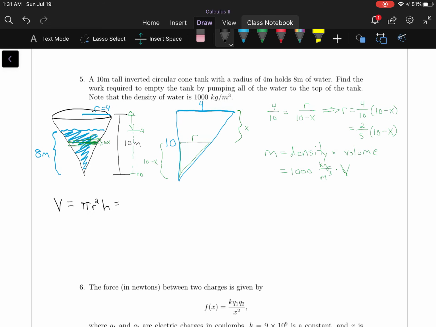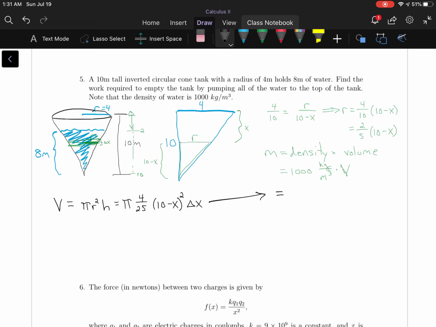And so our h is the delta x. And our r, we had just found to be 2/5 times 10 minus x. So that's going to be 4/25 times 10 minus x squared.